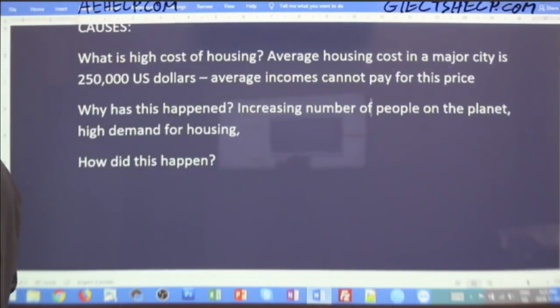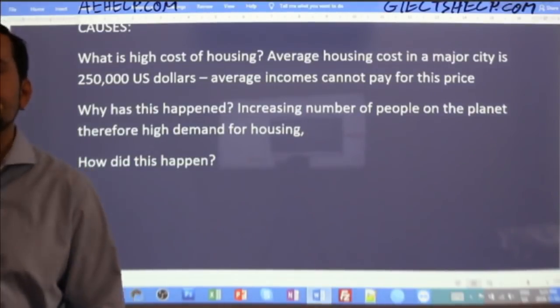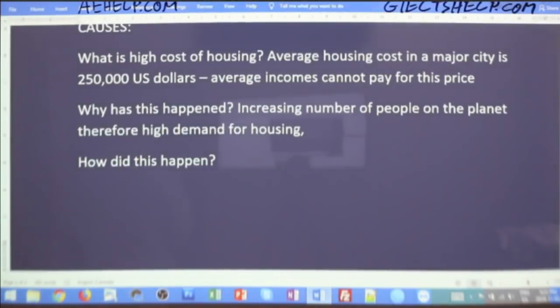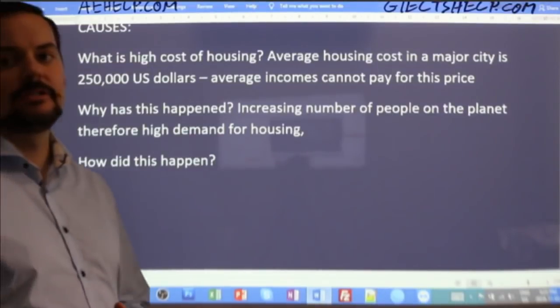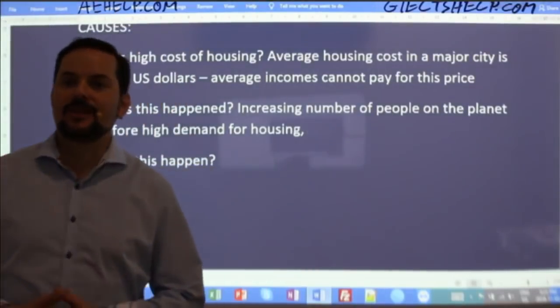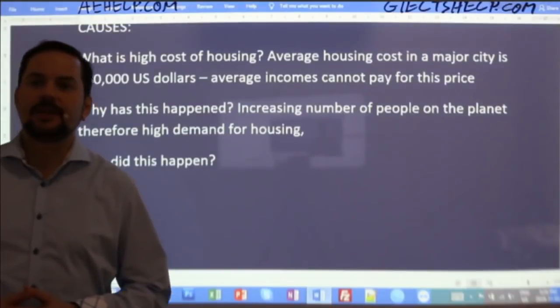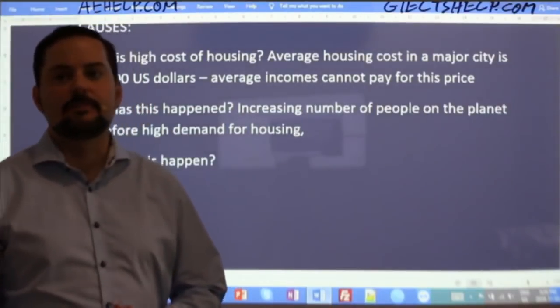So that's a very good why. Now, can you think of another why? Okay. Is there any other reason why the cost of housing has increased so much other than the increased number of people?